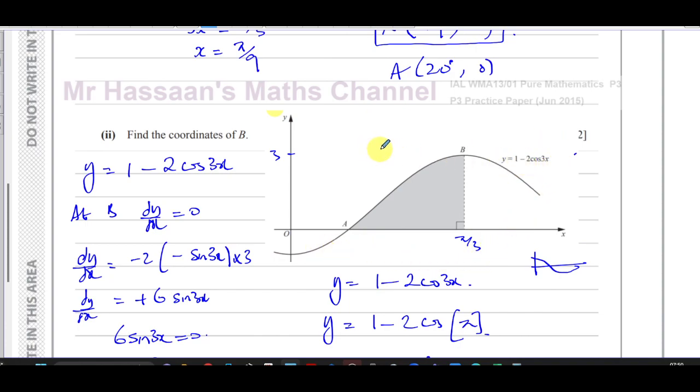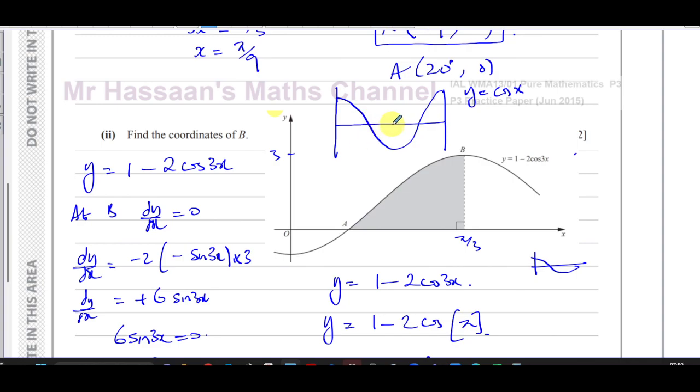We can think about the cosine curve. If you draw the cosine curve between 0 and 360, it's going to look something like this. That's y equals cosine x. Let's go through all the transformations here. Cosine of 3x will mean it gets squashed.